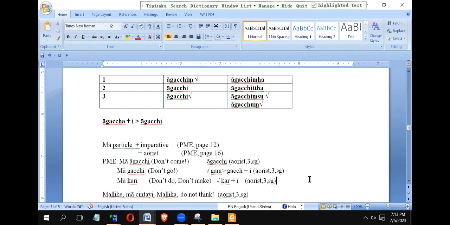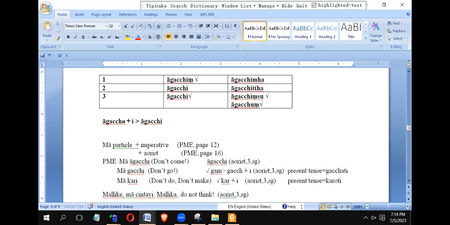So from the present tense, I hope you all remember, present tense is karoti. This present tense will be gachati.